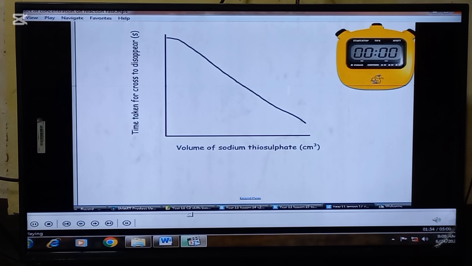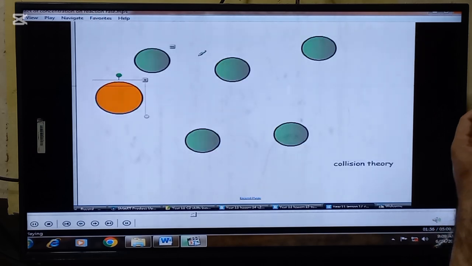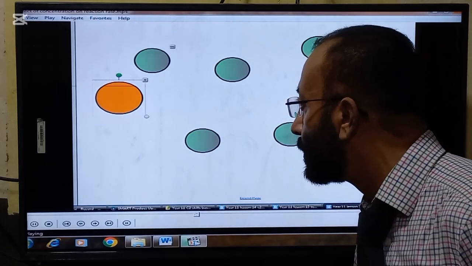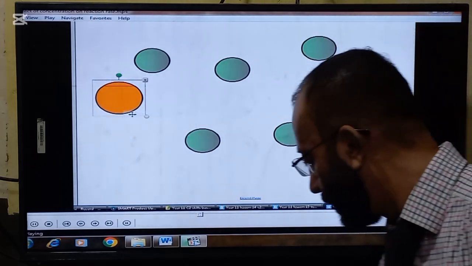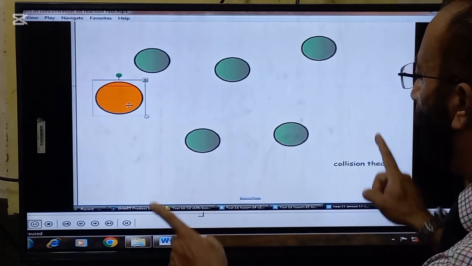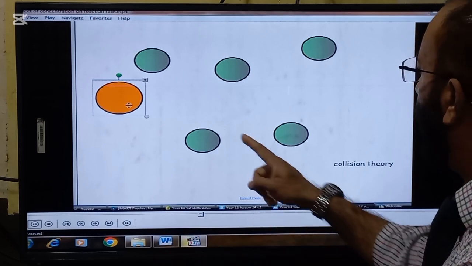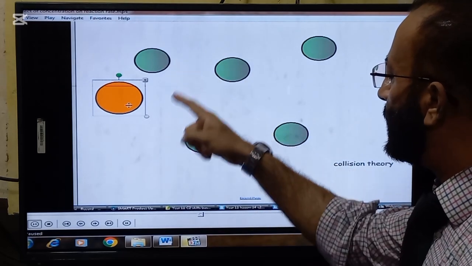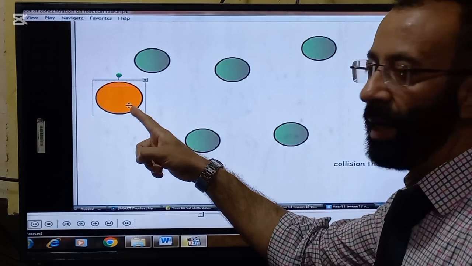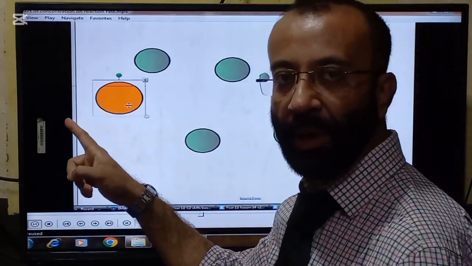To explain why, which is pretty straightforward, suppose we have some reactants. The video is showing the water particles, the particles of HCl, and this is the particle of sodium thiosulfate.